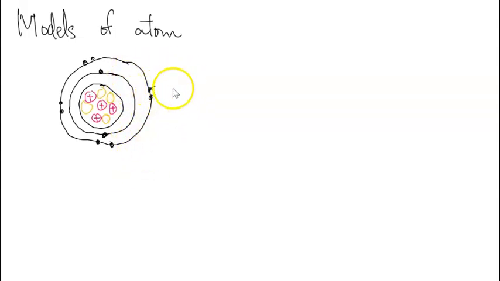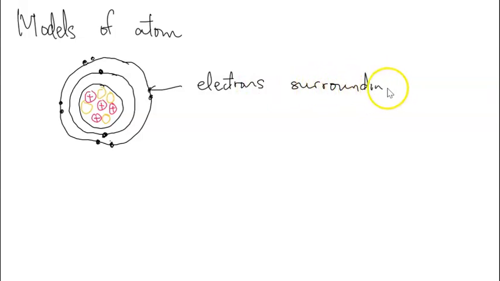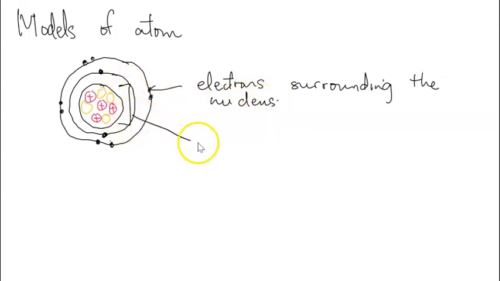So I have my electrons surrounding the nucleus, and in my nucleus I have protons and neutrons.